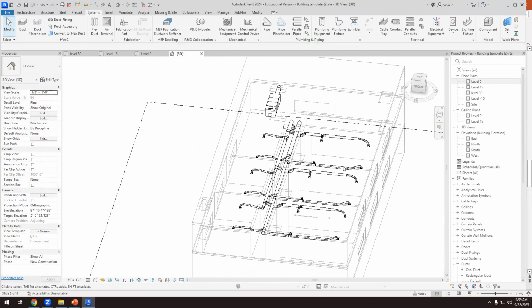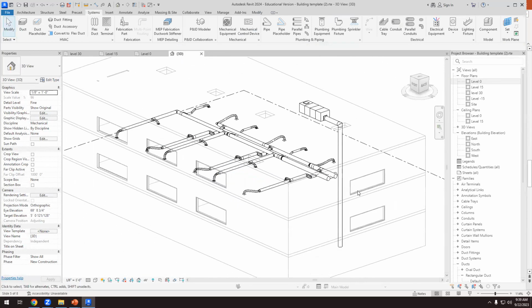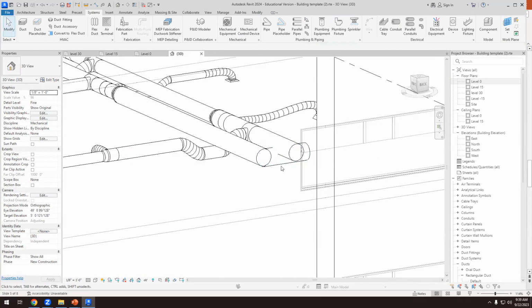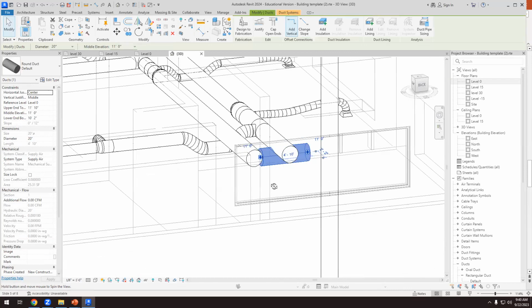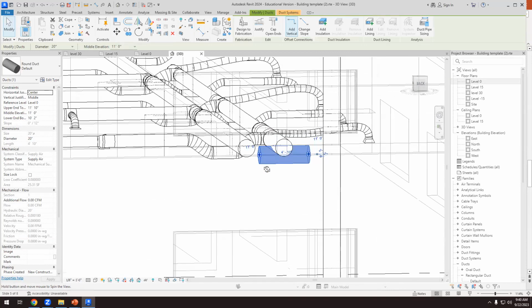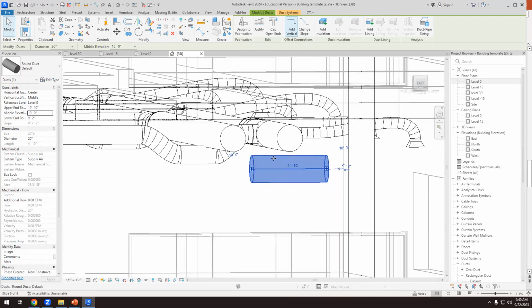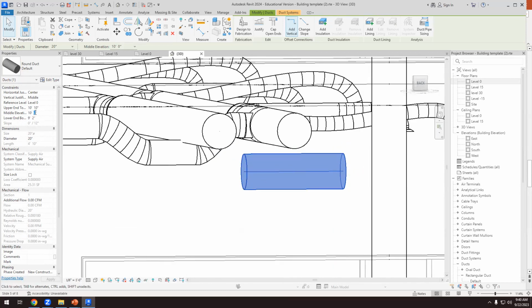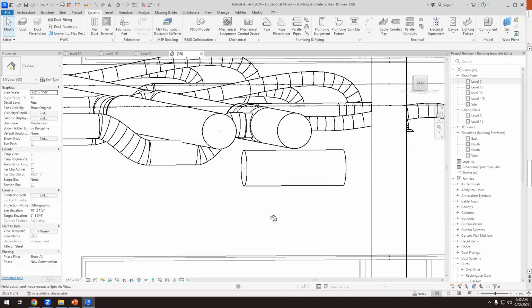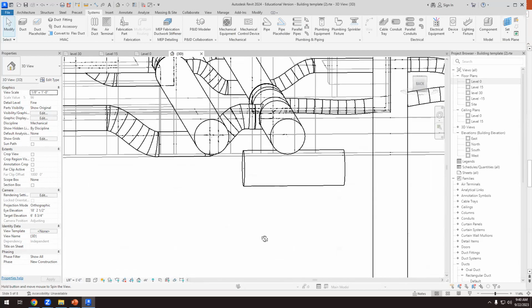Okay, so on the 3D view, I'm looking at this from this position. So that's the supply. There's intersection now, so I have to move it down, make the elevation 10. Okay, so we can make it 10 and 2 inches. Yep, so there is no conflict.